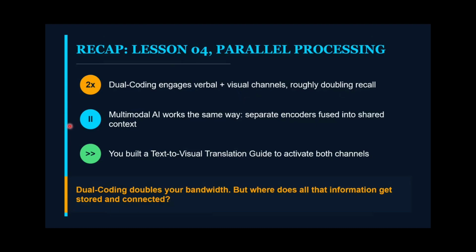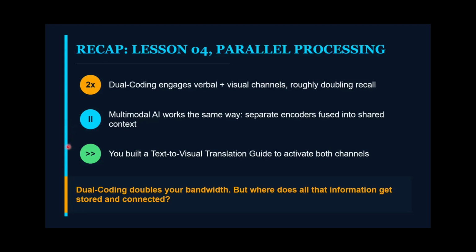You have separate encoders fused into shared context, which allows an AI model like ChatGPT, Gemini, or Claude to take video, audio, text, just about anything that can be converted down to vectors, and generate using these models, in particular the transformer architecture with the encoder and decoder setup.